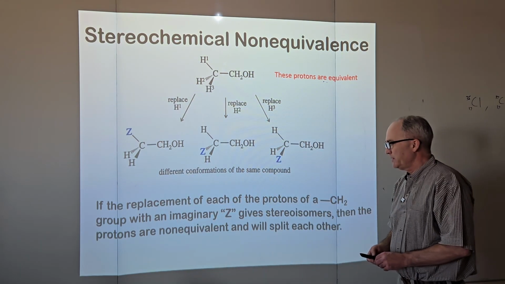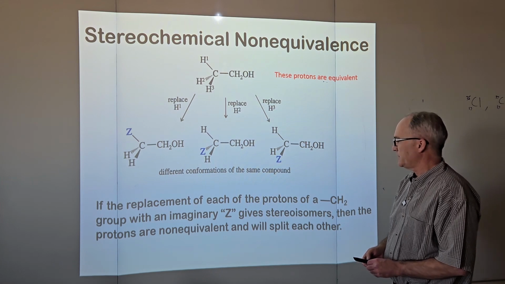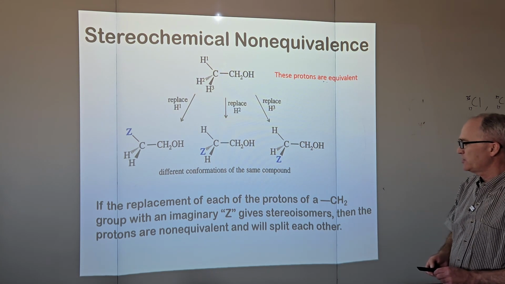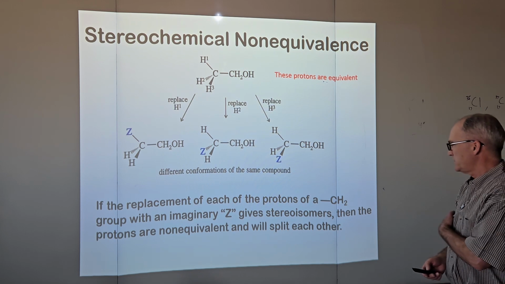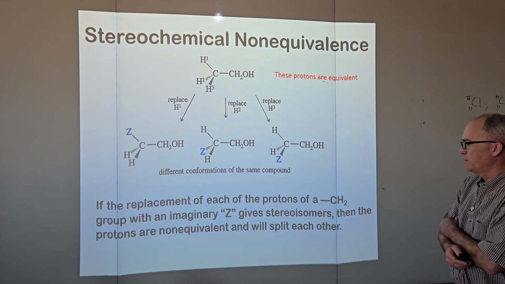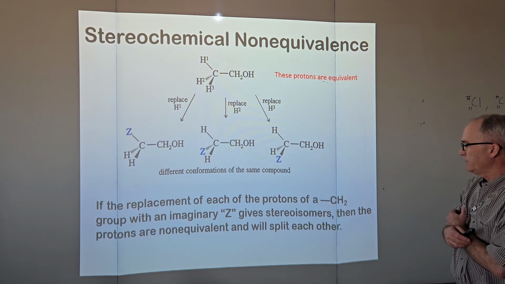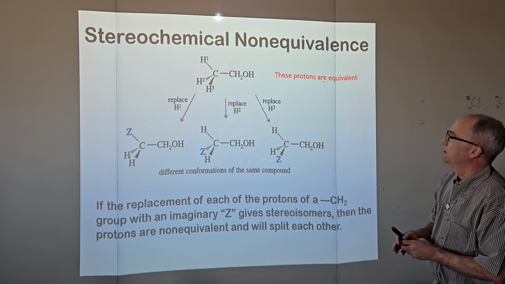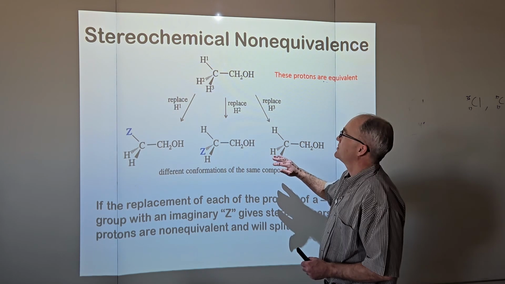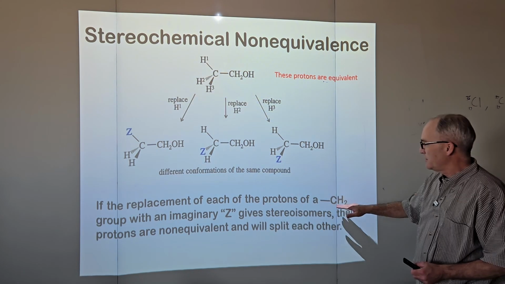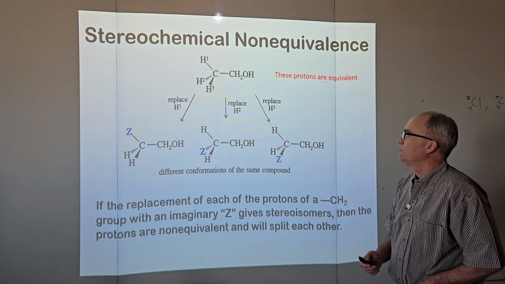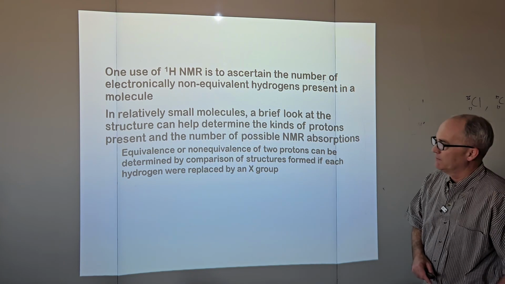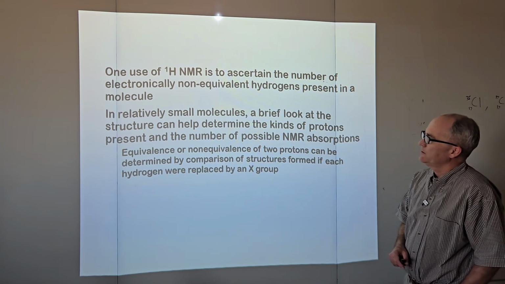So it says if the replacement of each of the protons of a CH2 group with an imaginary Z gives stereoisomers, then the protons are non-equivalent and will split each other. This is the slide they came up with, and that's a little strange. But we're going to go into better detail, and I'm going to make it crystal clear.